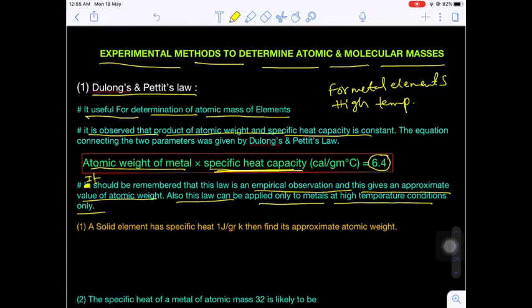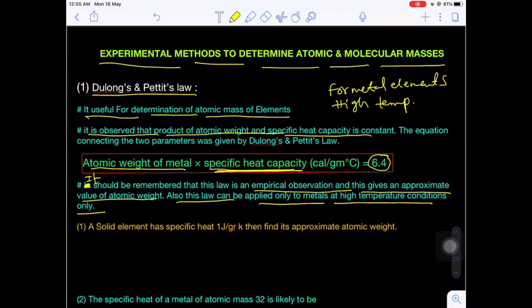Now here, specific heat capacity. What is heat capacity? It is the amount of heat required to raise the temperature of a substance through 1 degree Celsius. That is called heat capacity. Now the specific heat capacity, or specific heat, is the heat capacity of 1 gram of a substance, to raise its temperature through 1 degree Celsius.